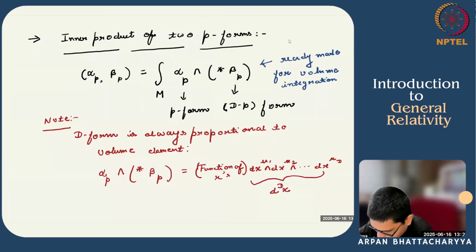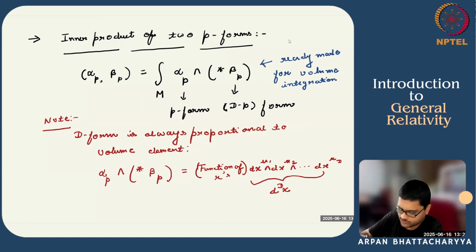Now, given this wedge product and the Hodge-Star, you can define an inner product of two p-forms. You take two p-forms, alpha p and beta p, and the inner product is defined by taking alpha p wedge star of beta p, and integrating over all space, denoted by this integration. This is the p-form.